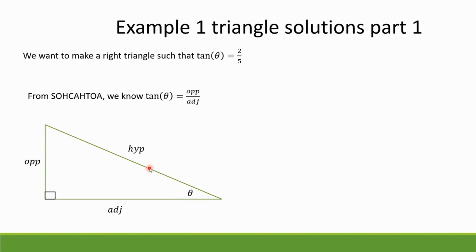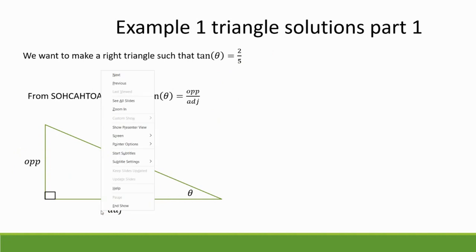Okay, so what can we do? Well, we could make the opposite side length 2. So in other words, I'm going to replace OPP by 2. ADJ, the adjacent side, that's going to be 5.